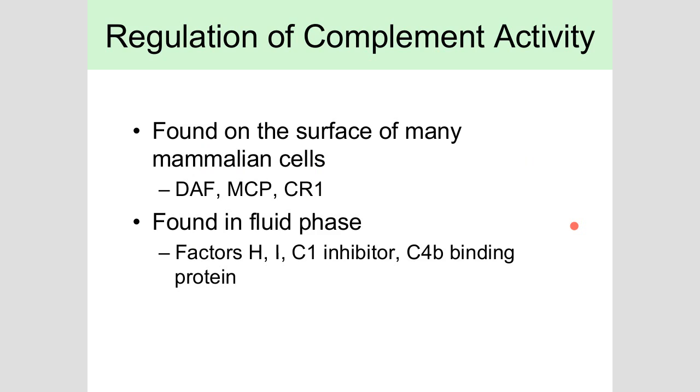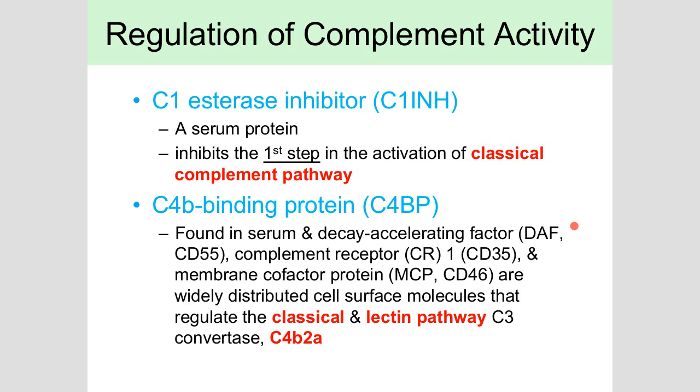The other thing is that we have other factors which are present in the fluid phase. The most important thing I want you to know in terms of regulation is C1 inhibitor, which is an esterase inhibitor, a serum protein that controls the first step of the classical pathway. Then we have C4b binding protein in our body that takes care of regulating the other two pathways.